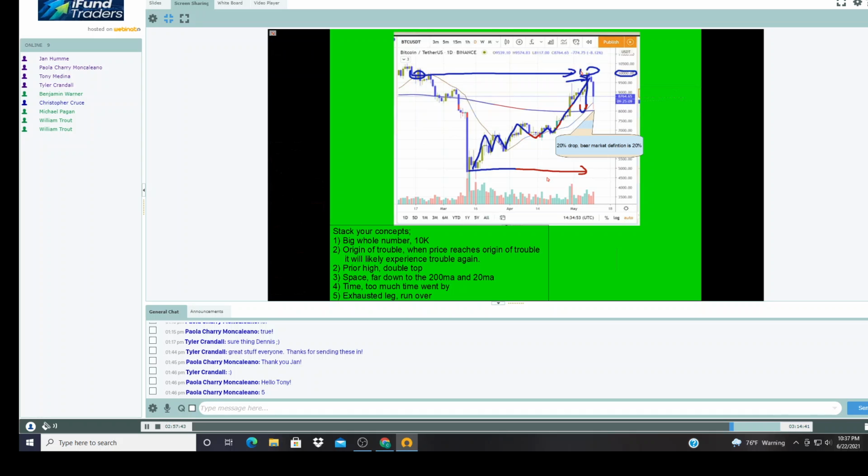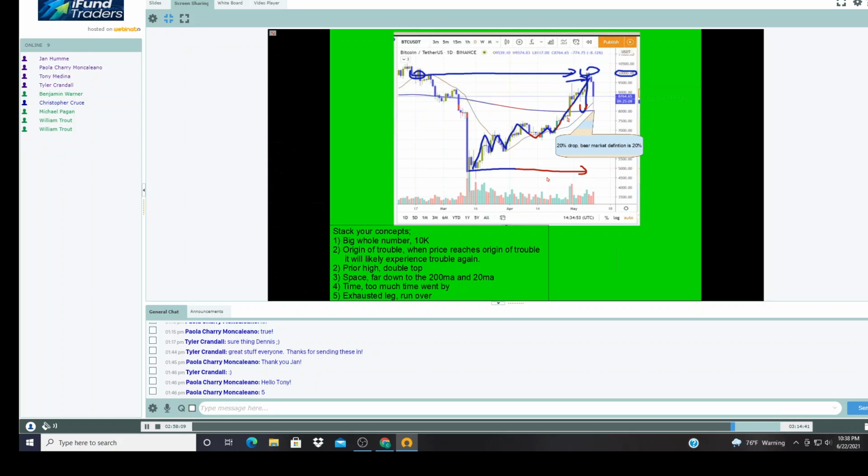Now you have two tops. You have the whole number, 10,000, right? Well, that's the origin of trouble because this is where it was before. So you have prior high, double tops. You have space. You're far from the 20 and the 200 moving averages.